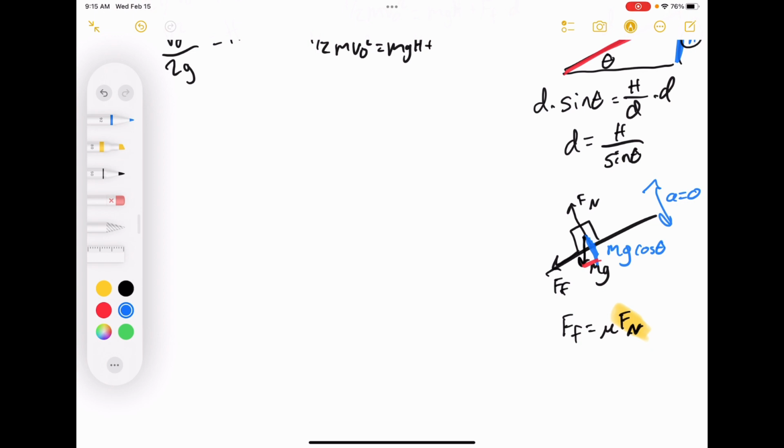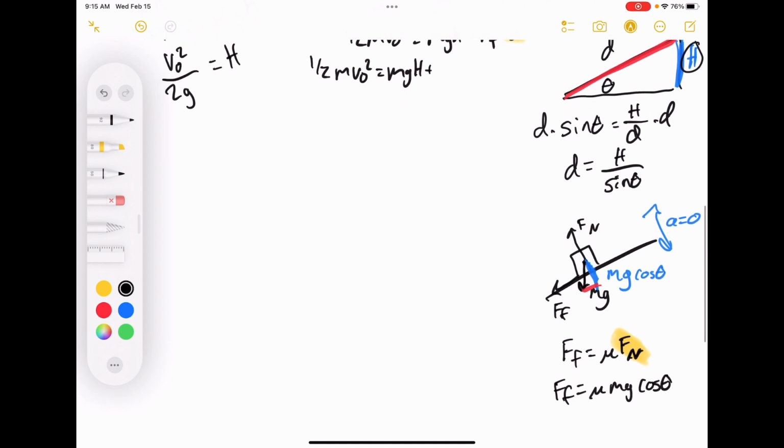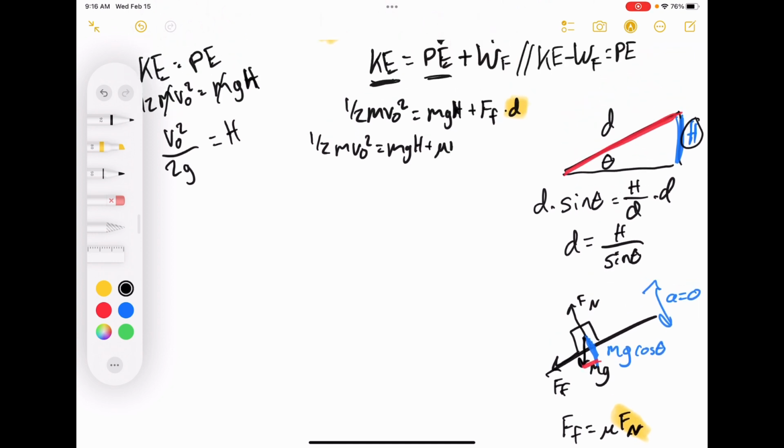So let's go ahead and write that all out. I got Ff equals mu mg cosine theta. So we can go ahead and plug in our next step. I'm going to write mu mg cosine theta times, and remember my d is this. So I'll go ahead and plug that in for d. So I have h over sine theta.